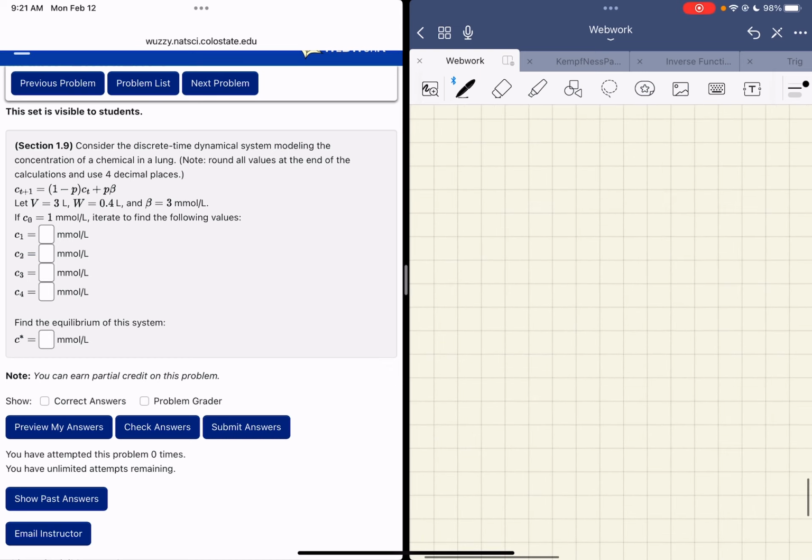All right, so here's what's going on. There is the volume of your lungs, which in this case is 3 liters. There's your tidal volume, how much you inhale and exhale. In this case, that's 0.4 liters.